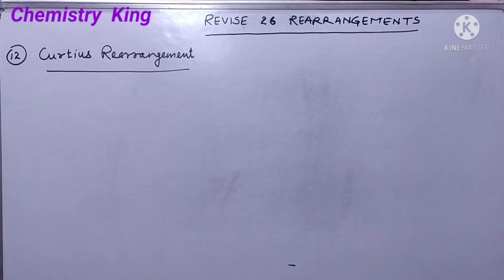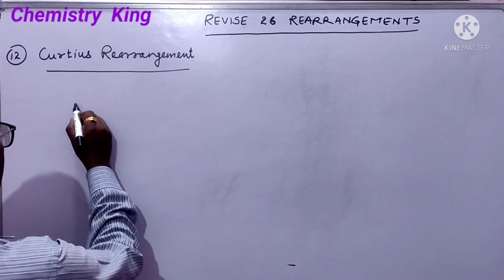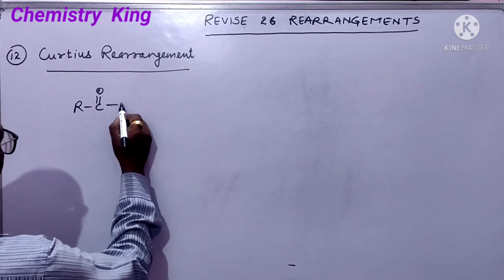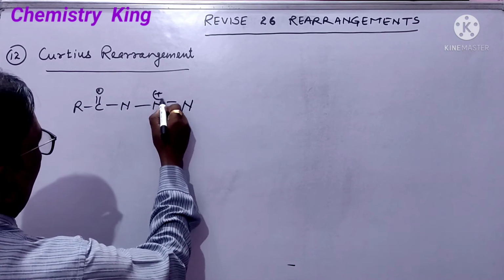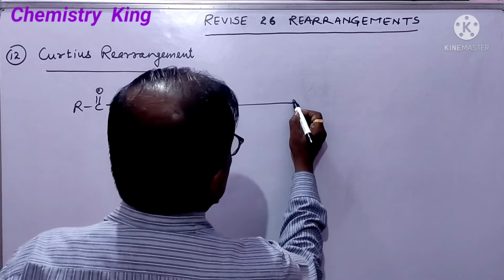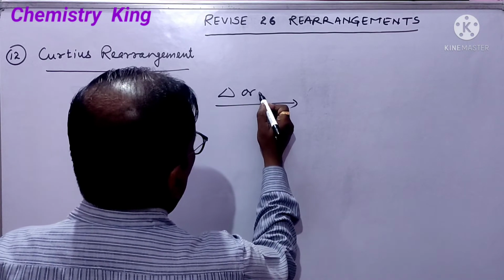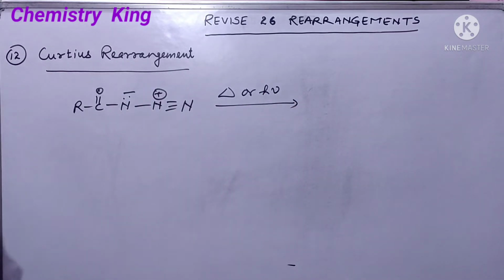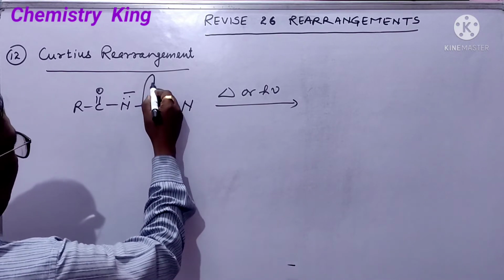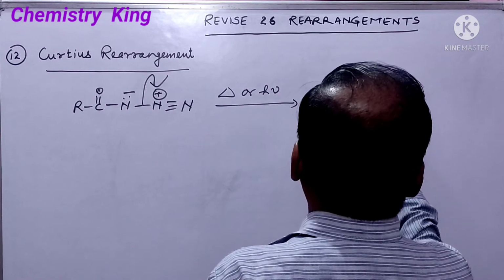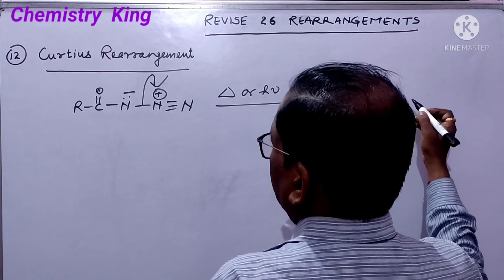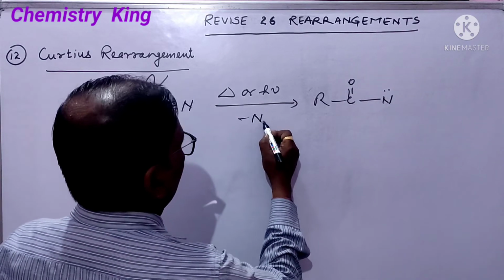Number 12 is the Curtius rearrangement. When an azide is heated or exposed to light, what will happen? This bond will break and you get this nitrogen, minus N2.